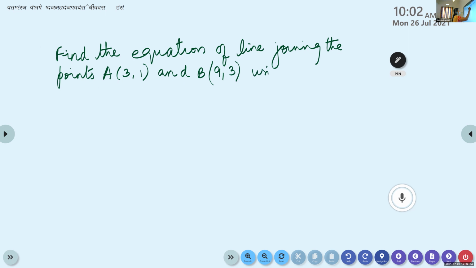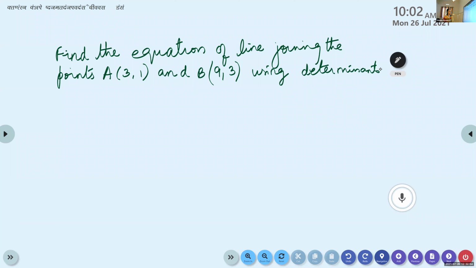using determinants. If they simply say find the equation of the line, you will find it using the two-point form, isn't it? What is the formula for the equation of a line when two points are given?